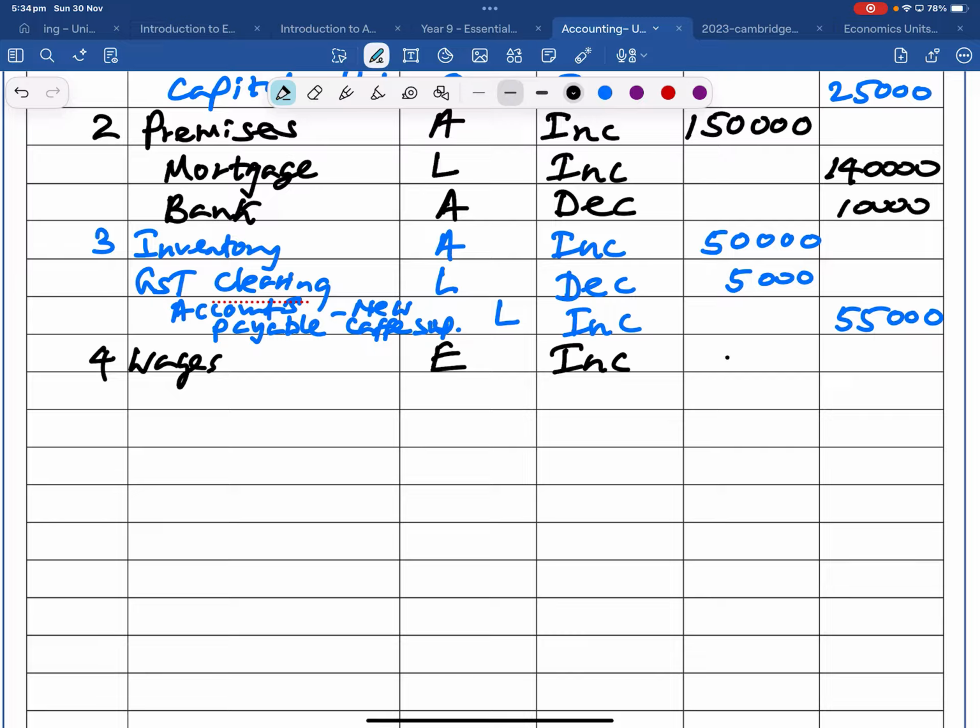Increase 1900. Do we acknowledge GST? There's no GST for wages, okay? No GST, right? Bank, asset decrease 1900.